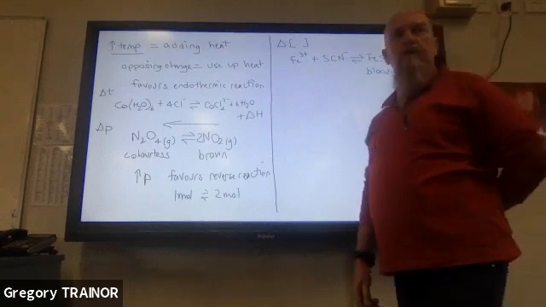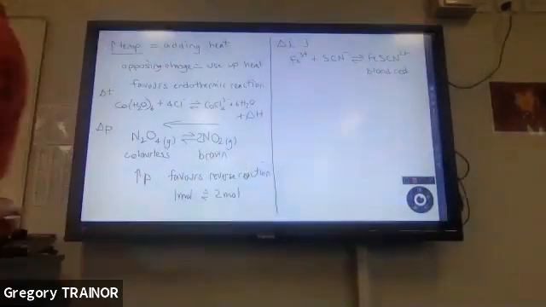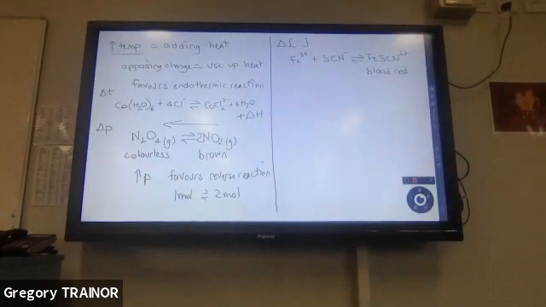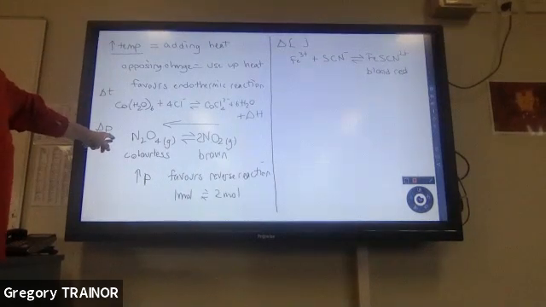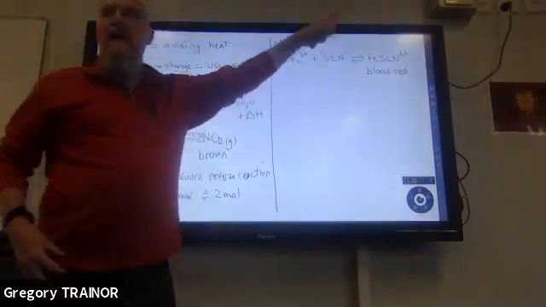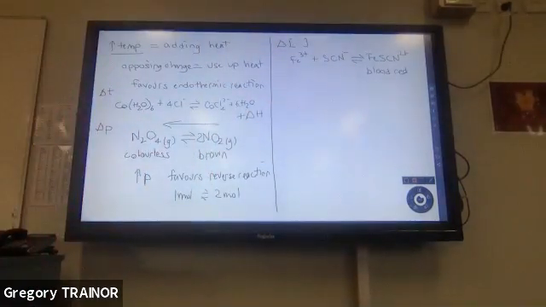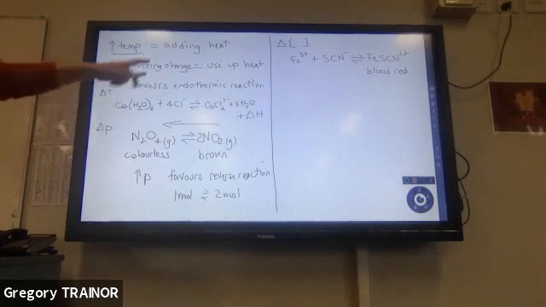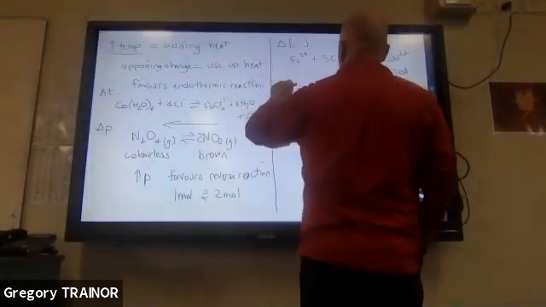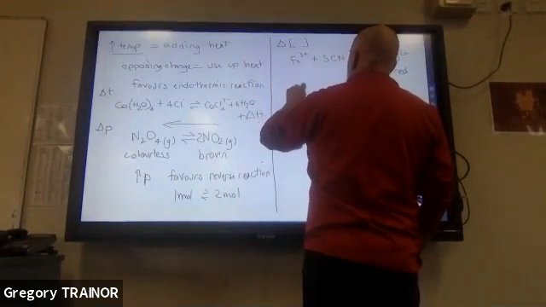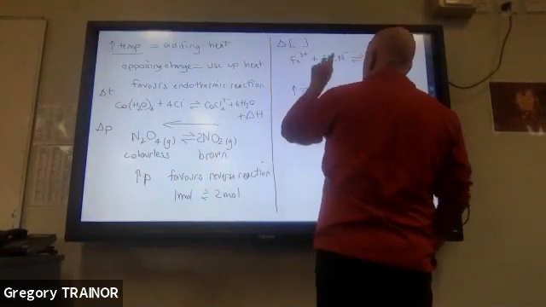So you could be asked about the practical that you did with the cobalt chloride, with the dinitrogen tetroxide, or with the iron and thiocyanate. So with this particular reaction, what happens if we increase the amount of Fe3+?